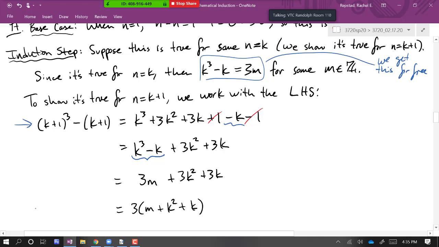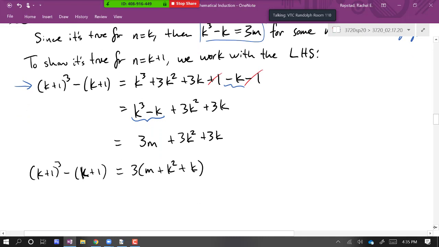So here we have (k+1)^3 minus (k+1) is 3 times that expression. And then all we need to do is make the observation, which I don't even think we have to really back up, because m is an integer and k is an integer, so m plus k squared plus k is an integer.